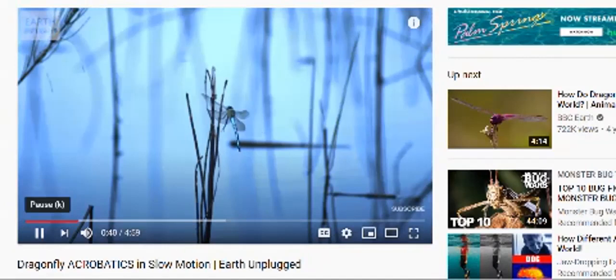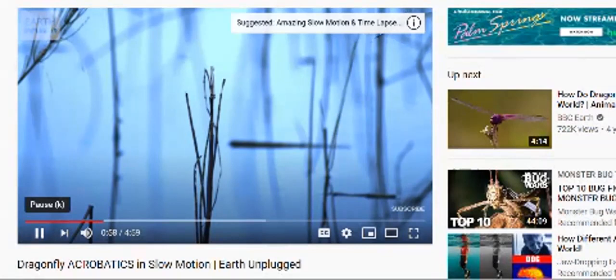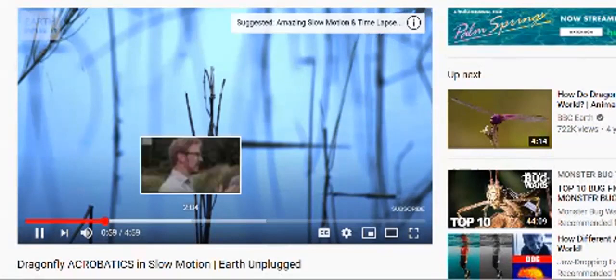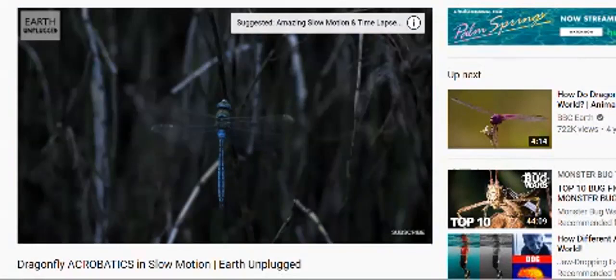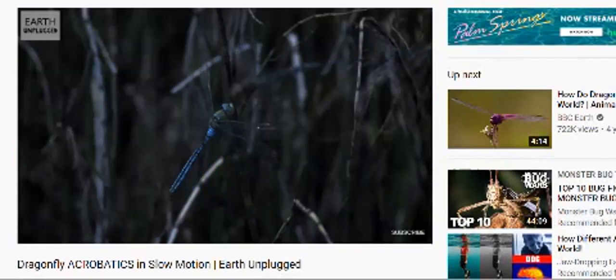Here you can see they have four wings, and the four wings can move individually. It's different from other insects. Here the other dragonfly is coming closer.